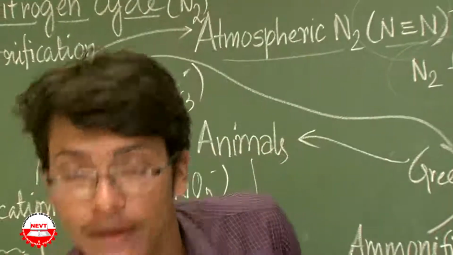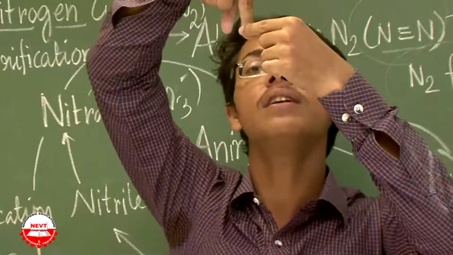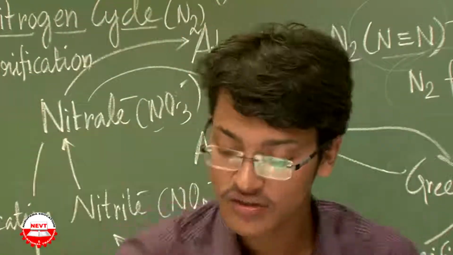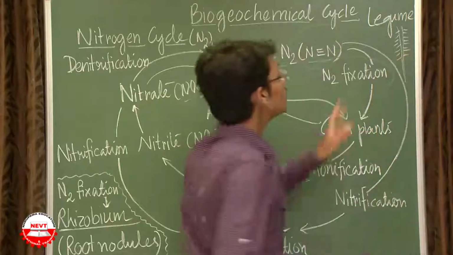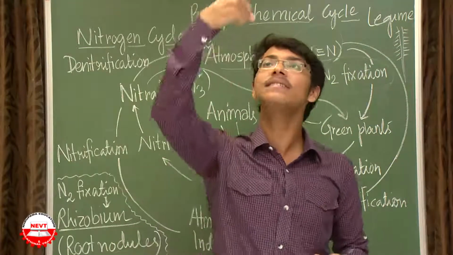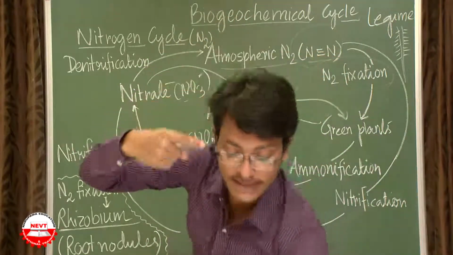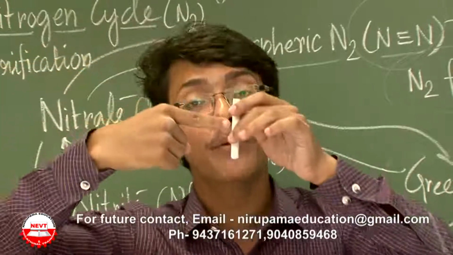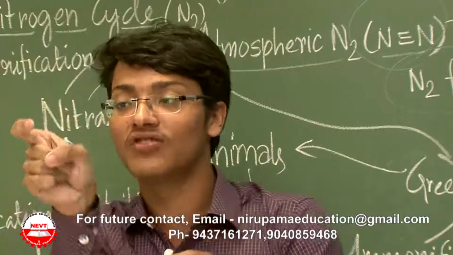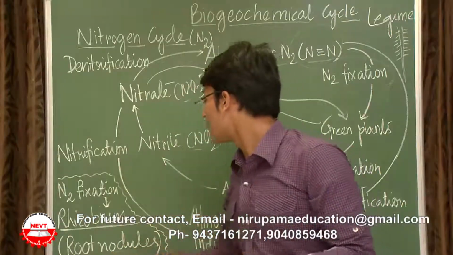Say for example, this is one of the root hairs. The entire root has many hair-like structures like this. When the rhizobium approaches this root hair, it forms a bend-like structure like this, which is called a nodule.